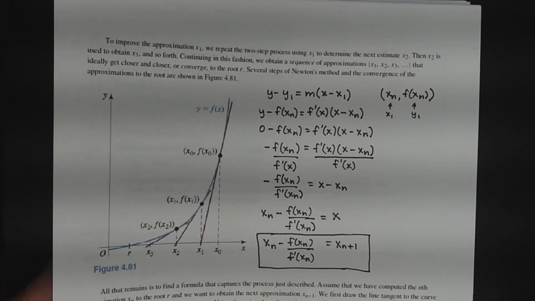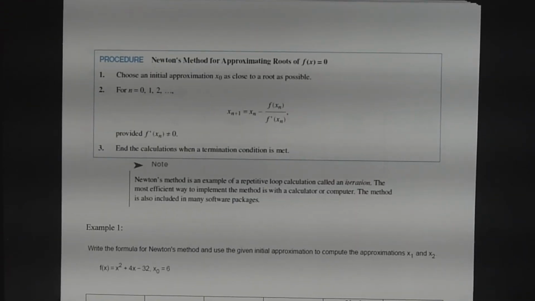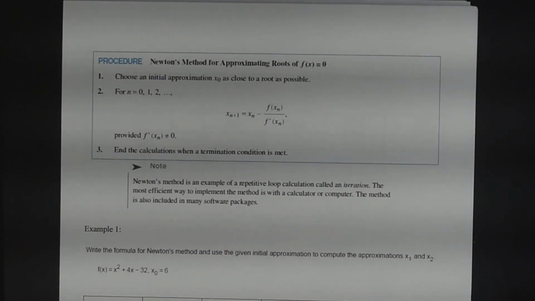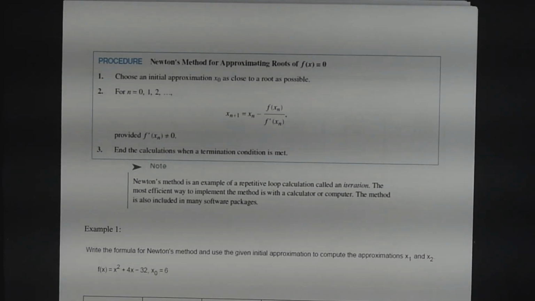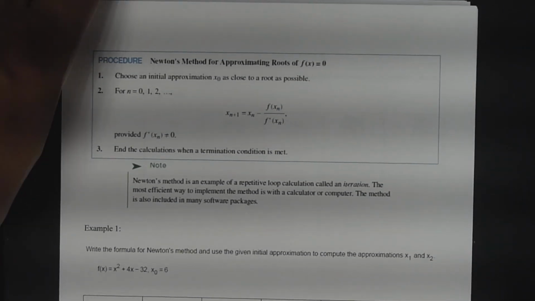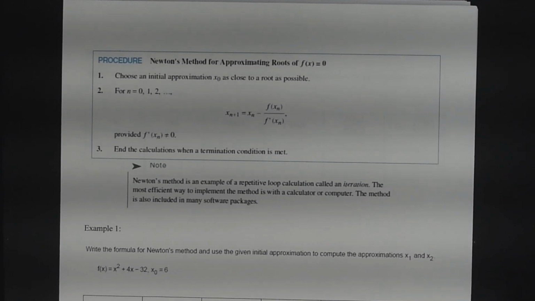So on the next page, you will see what that is. This is Newton's method for approximating roots of f of x equal to 0. So the first step would be to choose an initial approximation x of 0 as close to a root as possible. Now, in these examples that I will be doing in this video, you will be given an initial approximation to start off with.